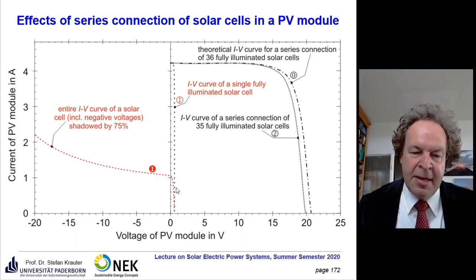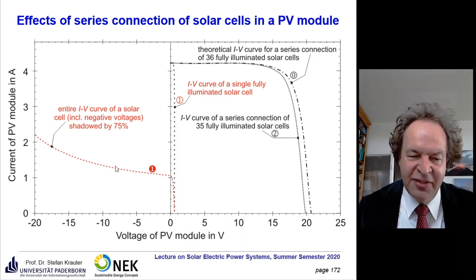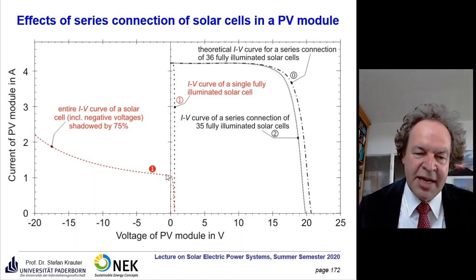We also take into consideration what happens if you apply a negative voltage on that cell. Usually the current shouldn't increase there, but these solar cells are not ideal, so you have a small increase in current.